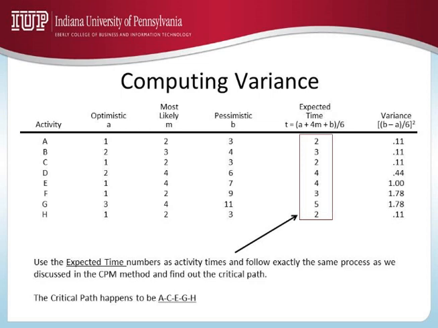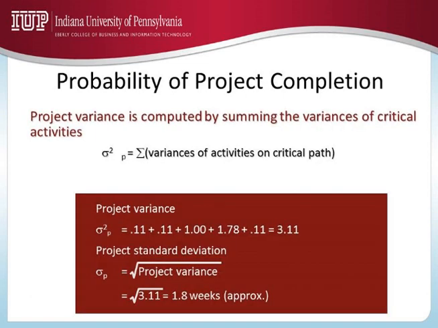Once I figure out the critical path ACEGH, the next step is identifying the probability of project completion within a particular time. Before that, I want to calculate the project variance. The variance of the project is computed by summing the variances of critical activities.